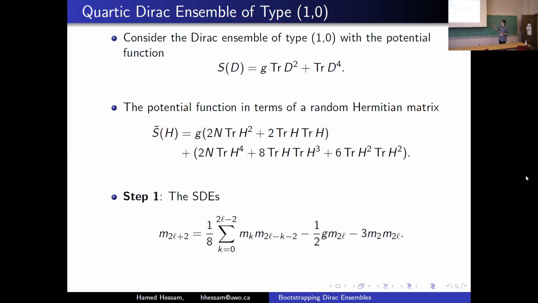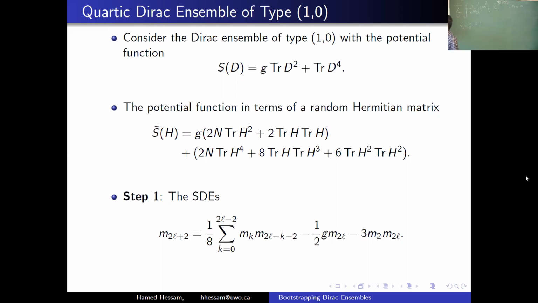So this is the general Schwinger-Dyson equation for this potential. If I put L equal to 1, I will get M4 equal 1/8 M0, which is 1, times also L0, which is 1, times 1 minus 1/2.